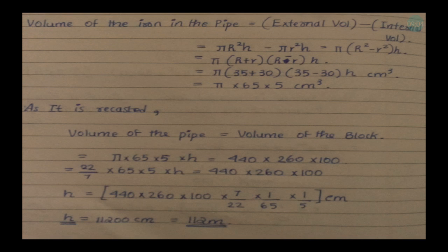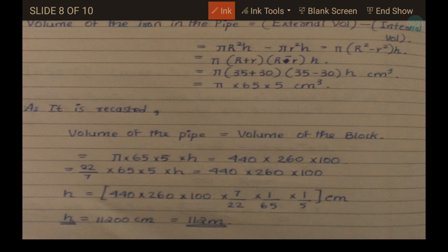Now we are going to apply it in the formula. Volume of the iron in the pipe, what is the formula? External volume minus internal volume. External volume is pi capital R square h minus pi small r square h, which we can write as pi into capital R square minus small r square, into h.